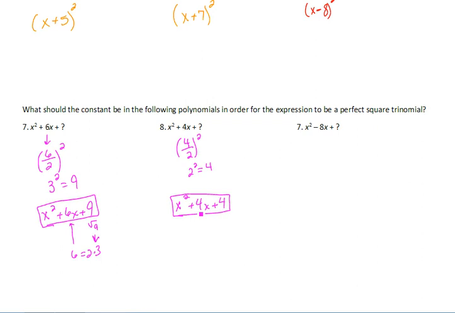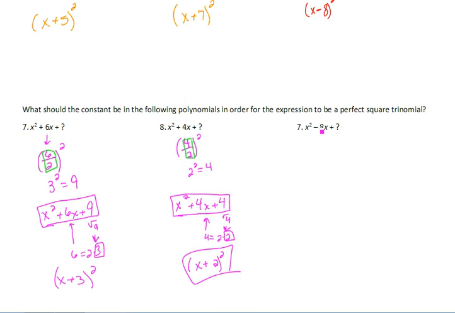If we simplify this down, what's the square root of 4? 2. What's 2 times 2? 4. So 2 would be the number inside our parenthesis. Here, 3 would be our number inside the parenthesis. Notice that number shows up right here. 6 divided by 2 is what's inside the parenthesis. 4 divided by 2 is what's going to be with our binomial.